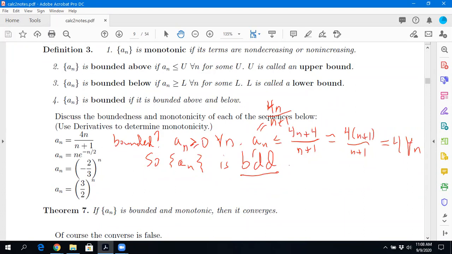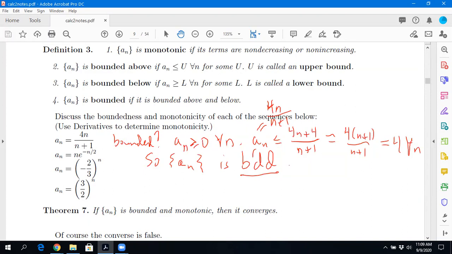Does that make sense? Sometimes you just have to resort to a little bit of trickery, unfortunately. Okay, it's bounded. Can you explain how you got that an is always greater than 0? Well, just think about it. Remember, what values of n am I plugging in here?